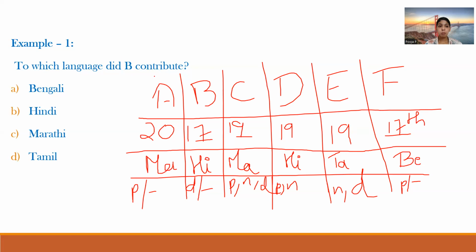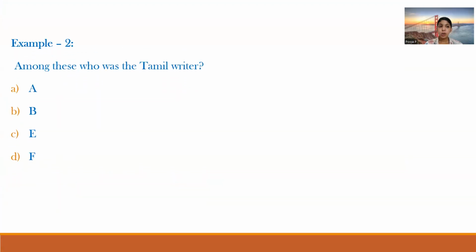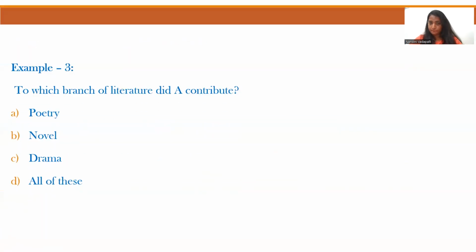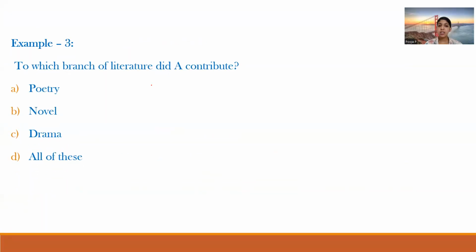To which language did we contribute? What is the answer? Hindi. The answer is Hindi. Fine. Among these, who was the Tamil writer? Who was it? E. Option C. To which branch of literature did A contribute?